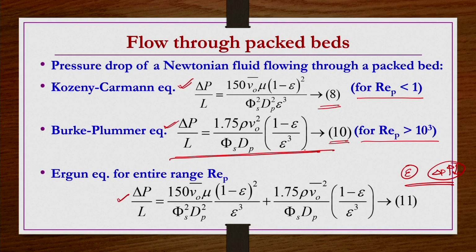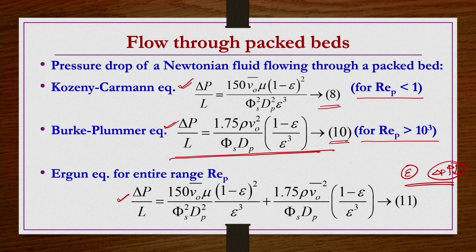But in which equation should we make this adjustment? We should do it only in equation number 10 if we are looking for kinetic energy losses, because equation number 10 talks primarily about only the kinetic energy loss contribution in the pressure drop.